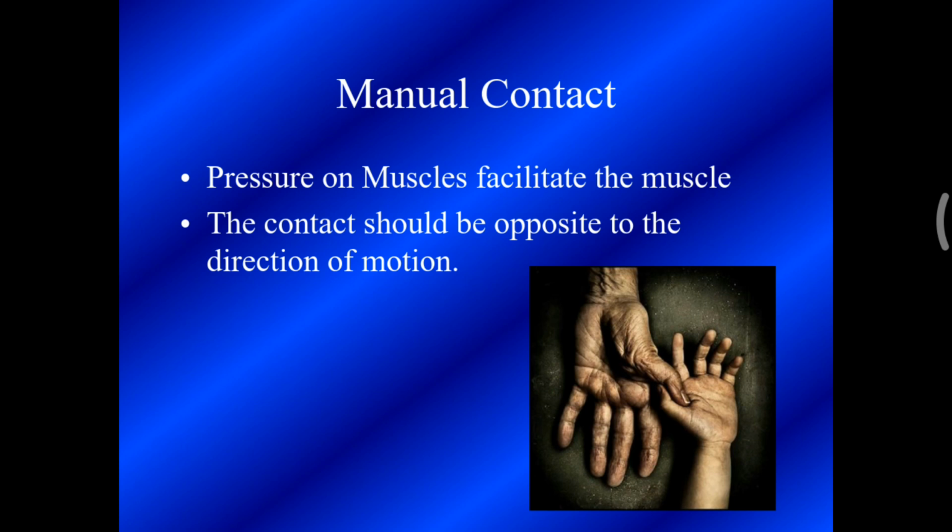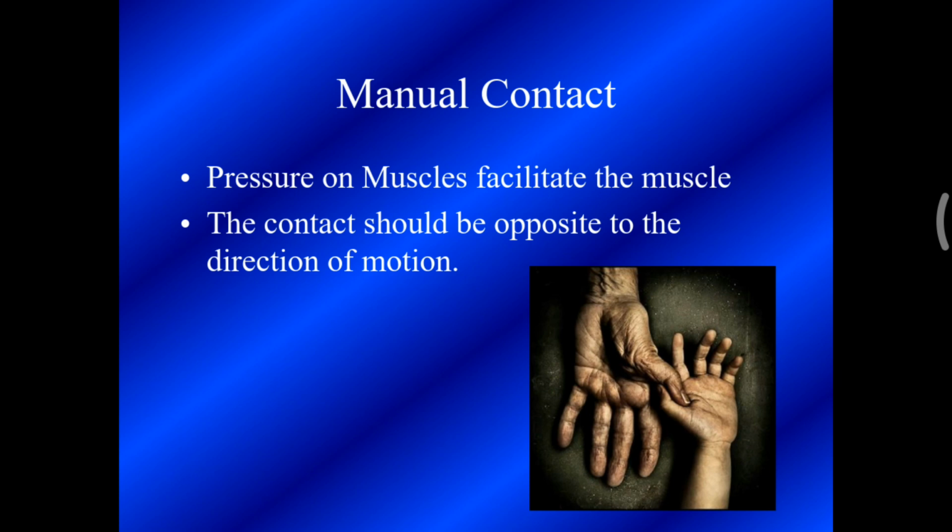Say for example, in the last class we saw that there are multiple patterns and there is a pattern called D1 pattern. In a D1 pattern, the therapist will normally give resistance to the movement, but he'll be holding the arm. When he is holding the arm, the information from the skin receptors will be going on to the spinal cord, and that will act as a stimulus to the muscles which are directly under them.